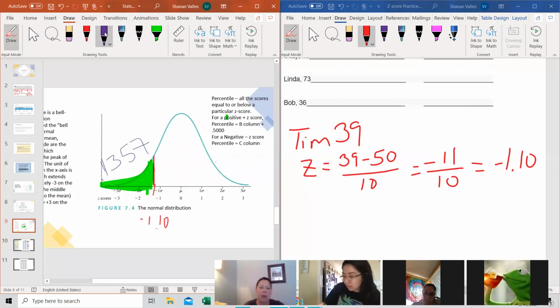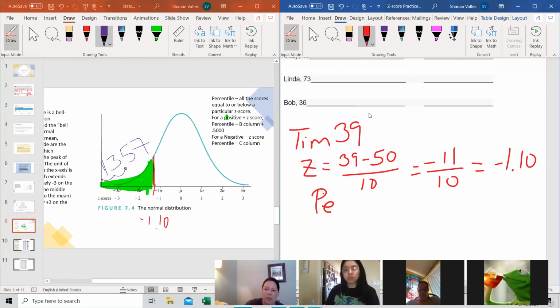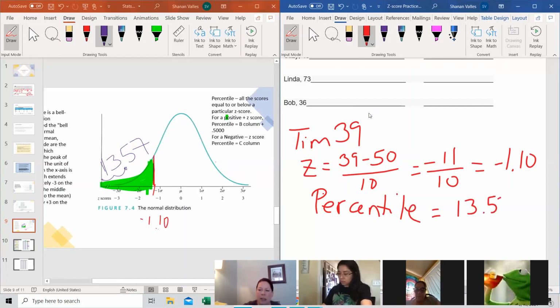It gives us a proportion for us to turn it into a percentile. You just move that decimal over. So for Tim, his z-score was negative 1.10. His percentile ranking is 13.57%. He's in the 13th percentile.